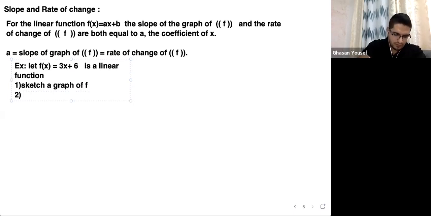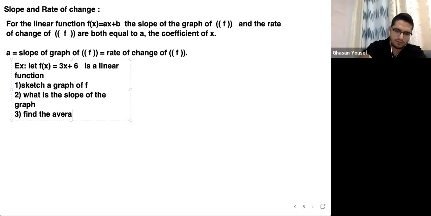Number two, what is the slope of the graph? Number three, find the average rate of change of the function f.